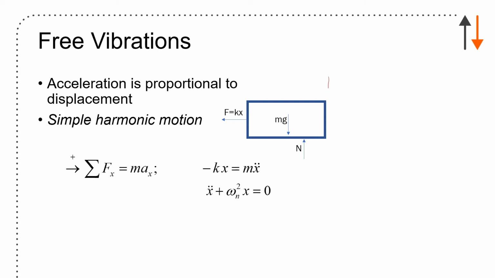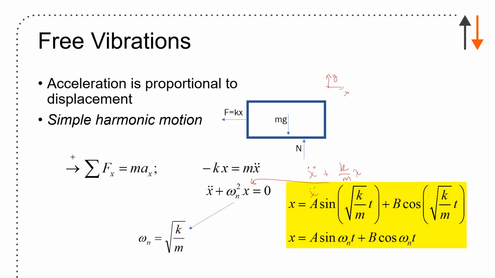And if I was careful, I would have written my x and y coordinates here. And so if I do the sum of forces in the x direction, it's really just going to be the spring force, minus kx equals m x double dot. And I'm going to write this as x double dot plus k over m x equals zero, which is x double dot plus omega n squared x equals zero.